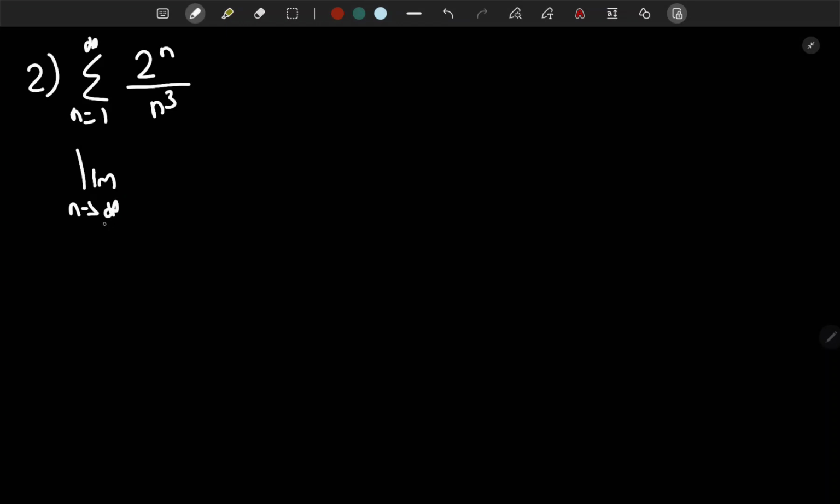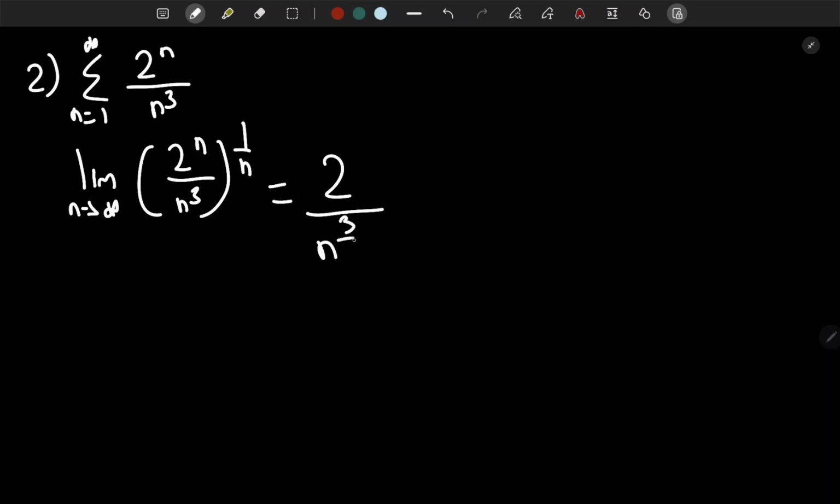So limit as n approaches infinity, and we have 2 to the power of n over n cube to the power of 1 over n. Now let's distribute the powers. So it's going to be 2 to the power of n over n, which is going to be 2 to the power of 1, which is just 2, over n to the power of 3 over n. And once again, to be able to simplify this, we need to introduce ln.